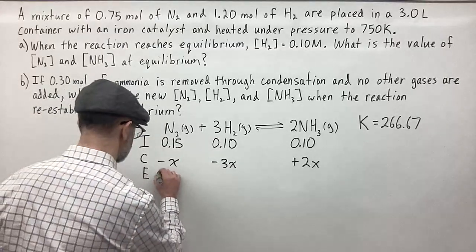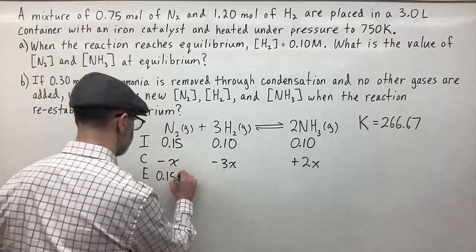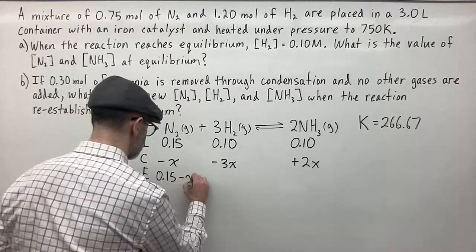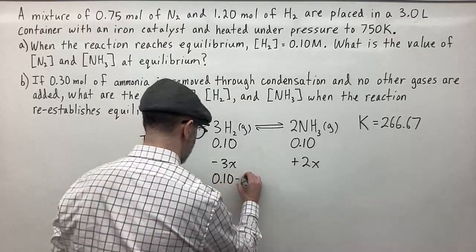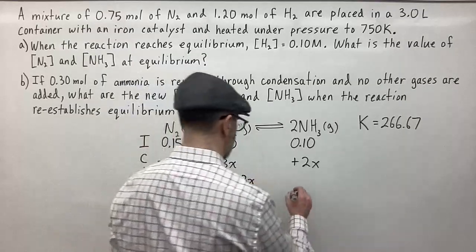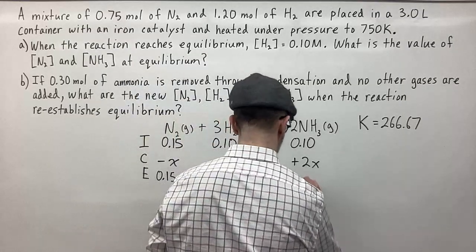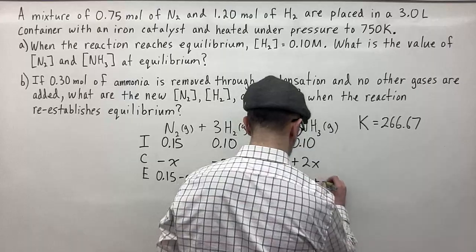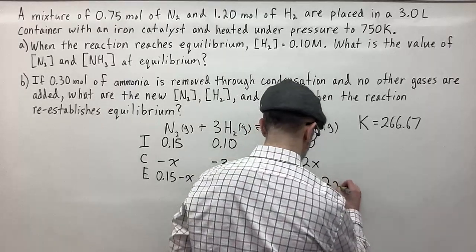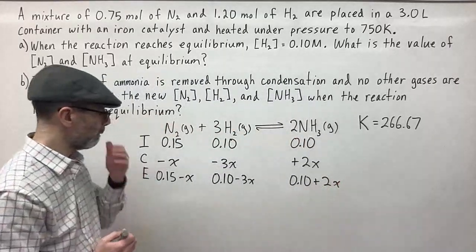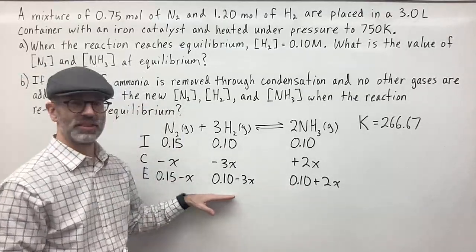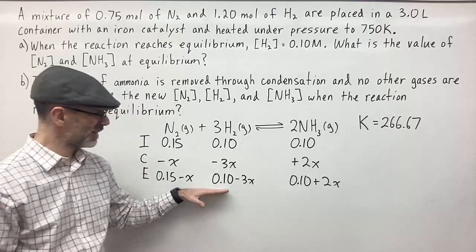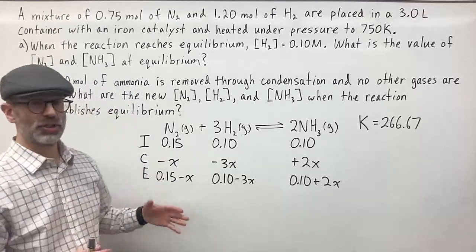So we're going to have 0.15 minus X, 0.10 minus 3X, and 0.10 plus 2X.